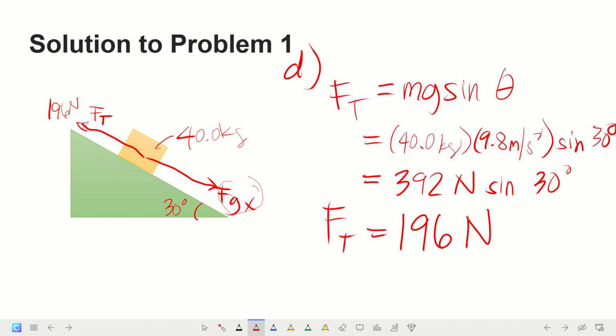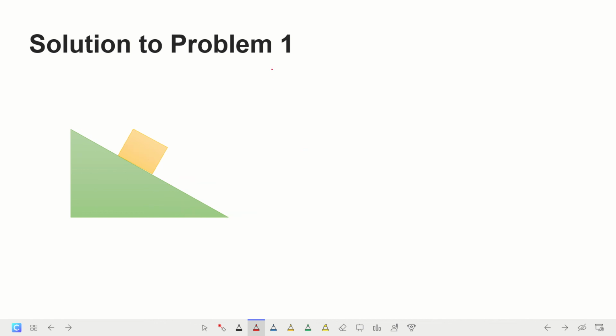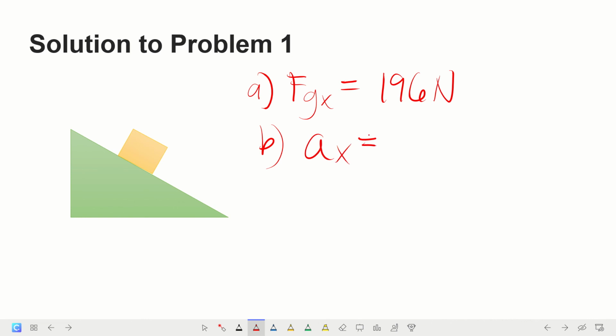So ang final answer natin ngayon para sa ating problem. Letter A, Fg, the force that will cause an object to accelerate, is equal to 196 newtons. Letter B, the acceleration of the object, is 4.9 meters per second squared.